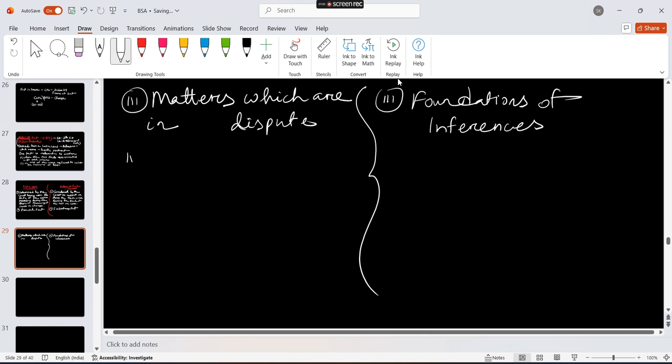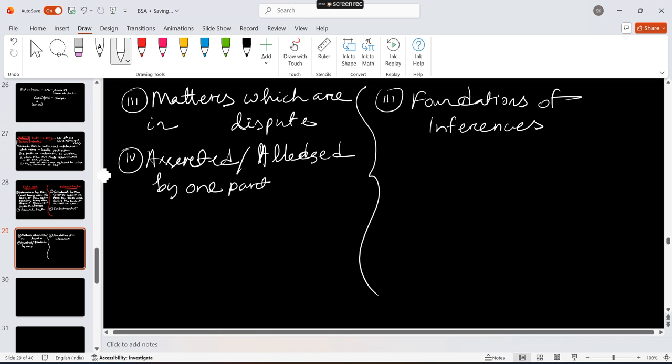Okay. And fact in issue is asserted or alleged by one party and denied by another party. But the relevant facts are those facts which are produced by the parties to support what they are asserting or denying.